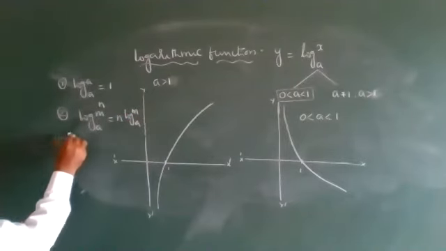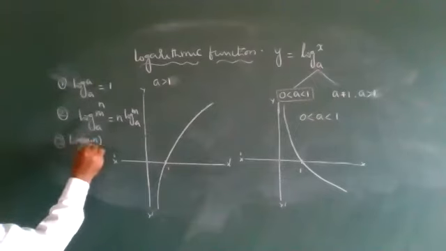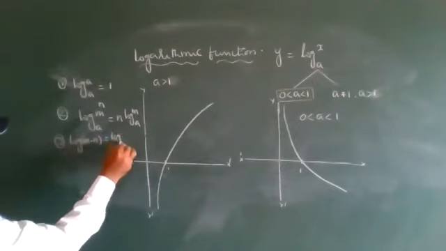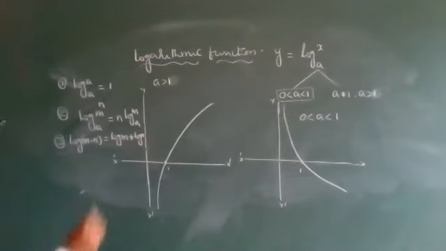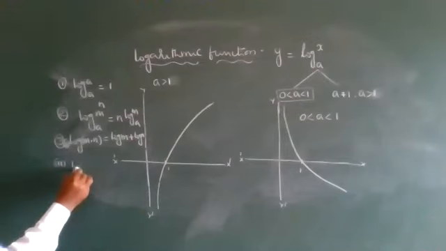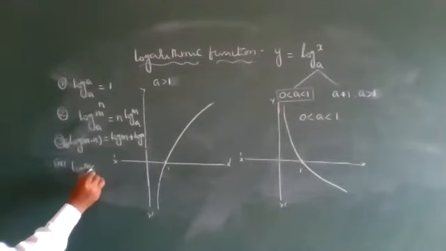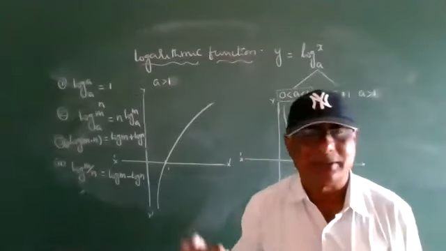The third concept is logarithm of m into n, the product formula: log m plus log n. And the division formula, log m by n, is log m minus log n. Only these concepts are necessary for us, the remaining are not necessary in logarithm.